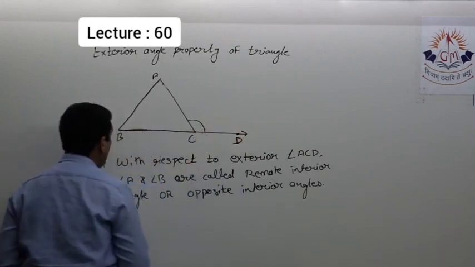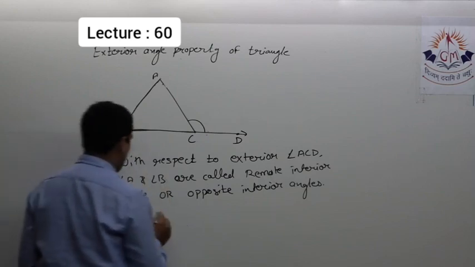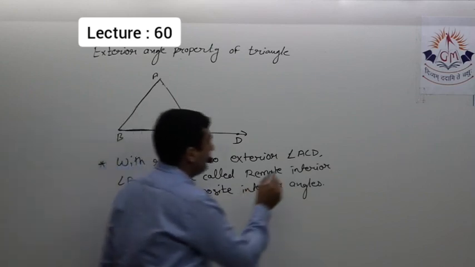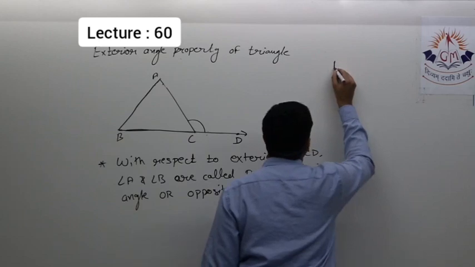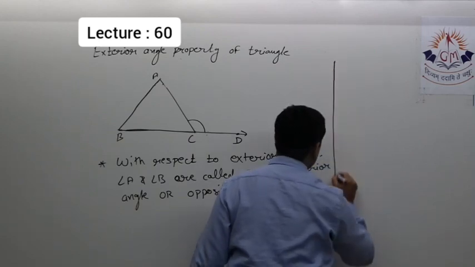Now we'll write the exterior angle property. Over here I'm writing the property, or you can say it's a theorem.